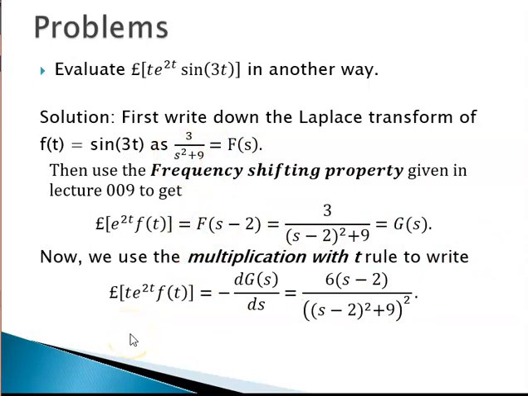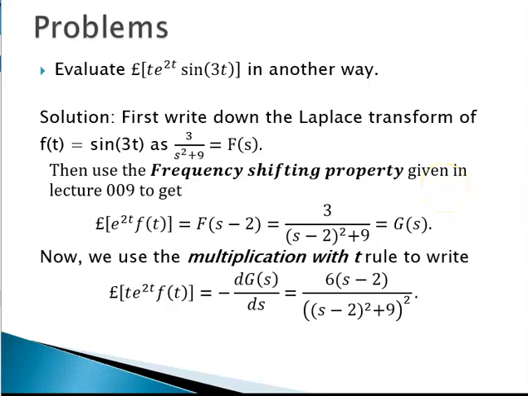Now we use the multiplication property, because ultimately we want to form t e power 2t sine 3t. So we start with sine 3t, then we apply the multiplication rule with e power 2t, and then we use the rule multiplication with t to get it. You can see that the answer is the same in both cases.